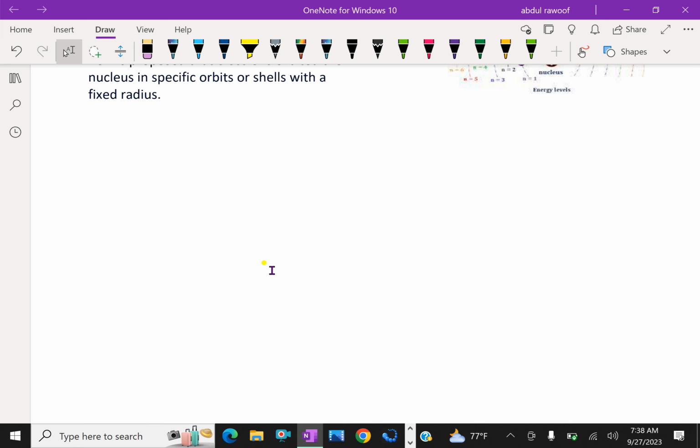The centripetal force acting on the electron is, we know, mv squared by r, where r is the radius and v is the velocity.